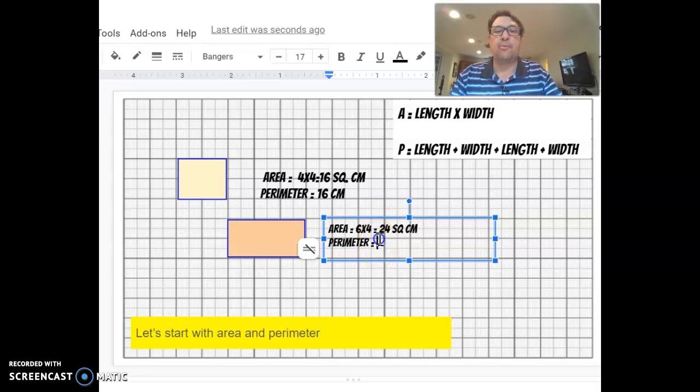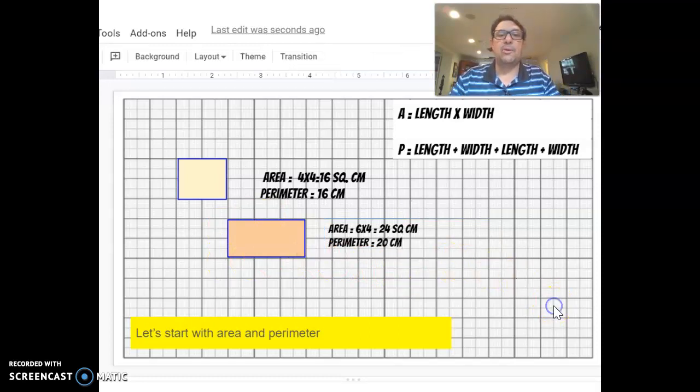And our perimeter then will be the length plus the width plus the length plus the width. So really, quite simply, you can count 6 plus 4 is 10 and double it, and then you would have 20 centimeters. So that is a quick short review of length and area and perimeter for these 2D figures.